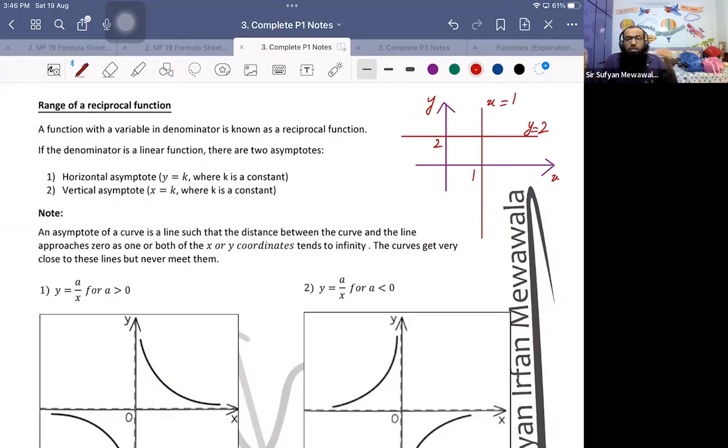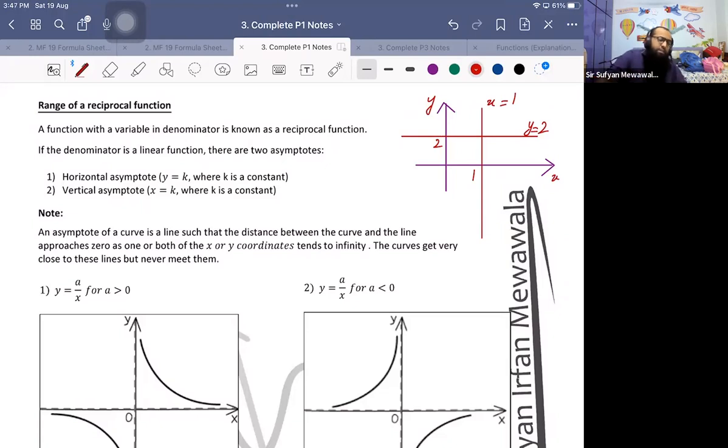If the horizontal line passes through 2, it's y equals 2. If it passes through 3, it's y equals 3. If it passes through 5, it's y equals 5. The bottom line: every horizontal line has equation of the form y equals k. Every vertical line has equation of the form x equals k.